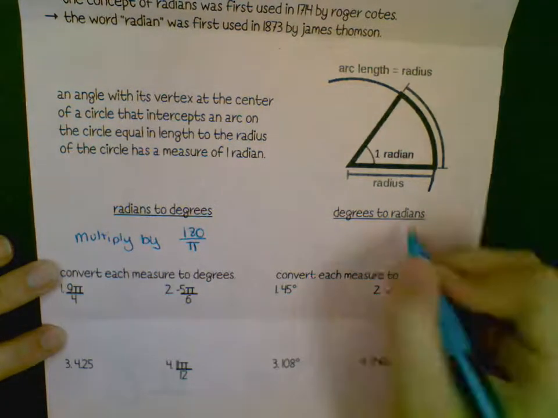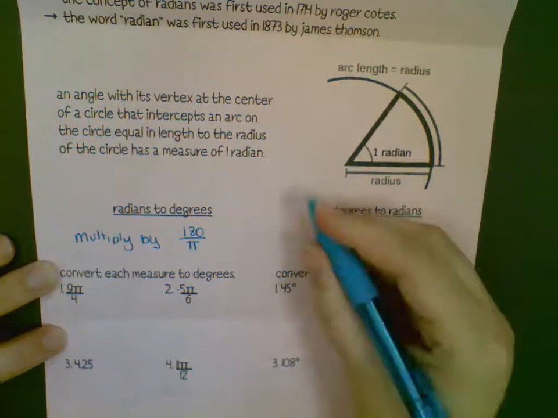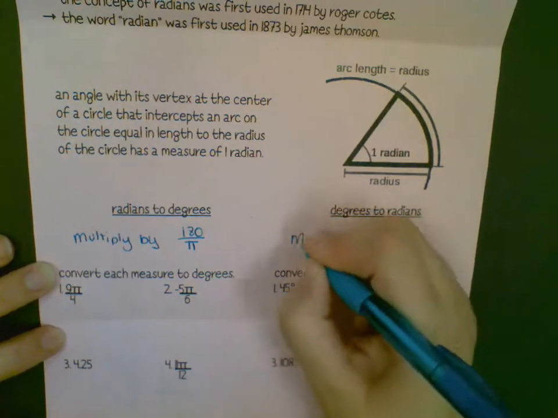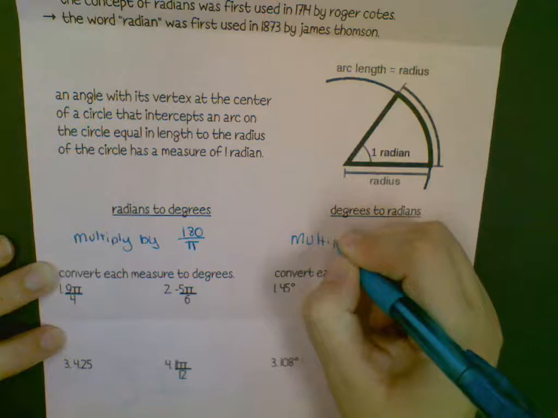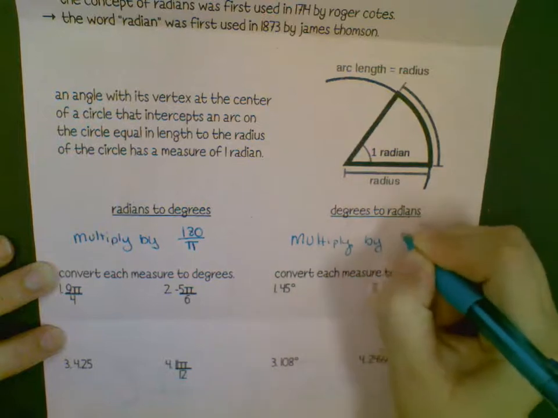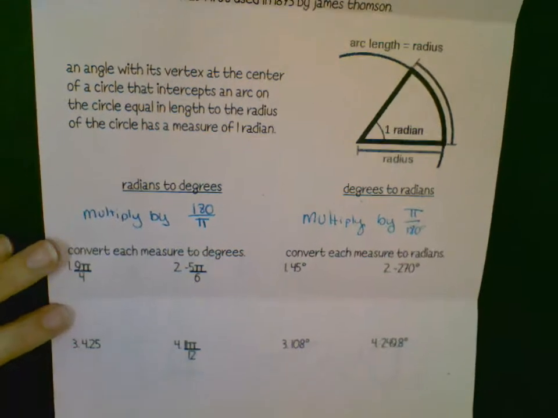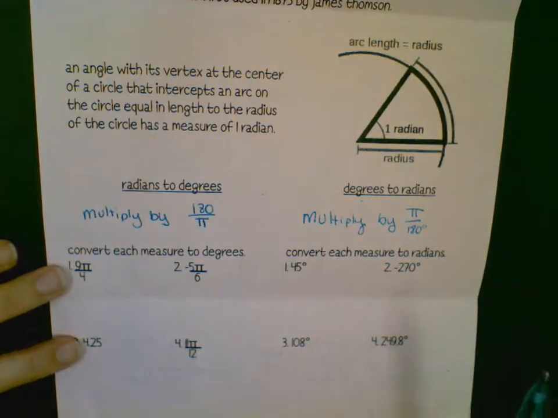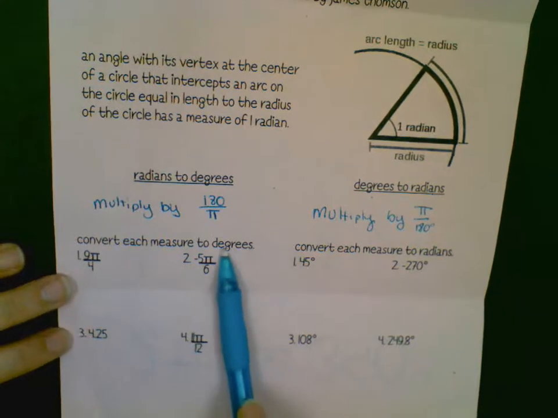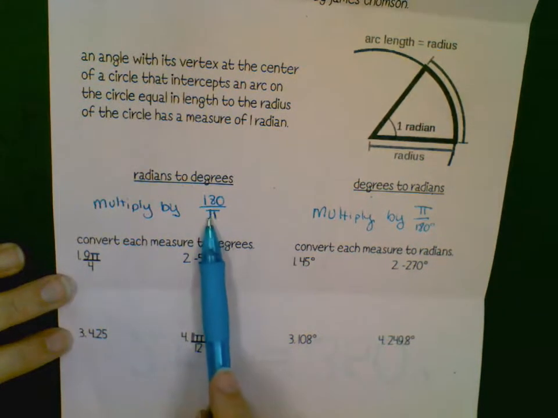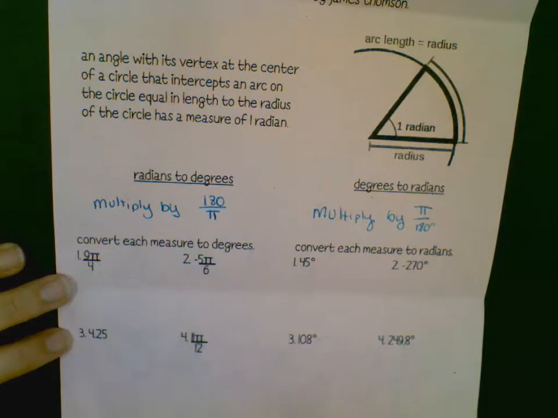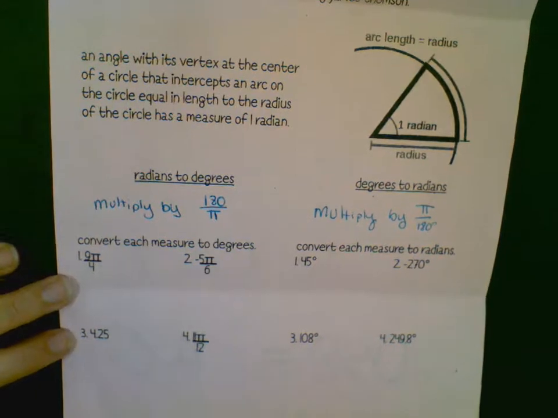If we're going from degrees to radians, then we multiply by pi over 180. One way to think about it is whatever you're trying to get rid of goes in the bottom. Here we're converting to degrees, so the pi is in the bottom because we're getting rid of the pi. What you want is in the top.